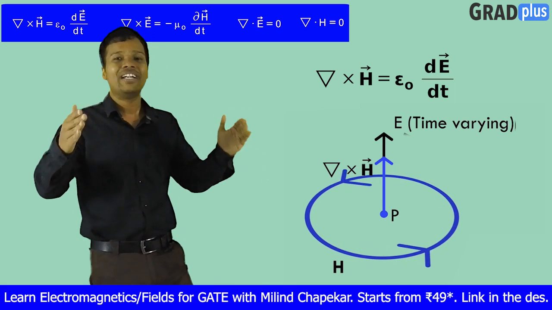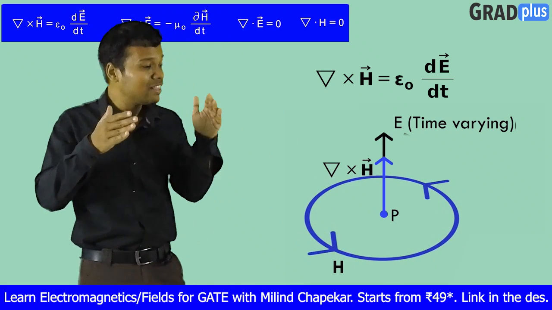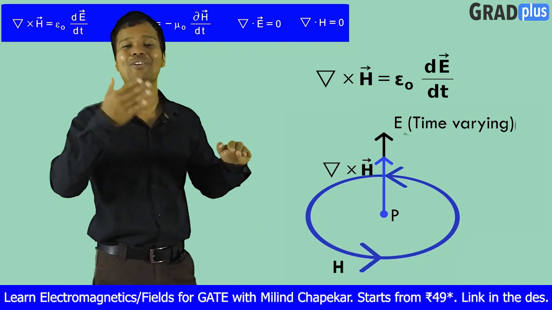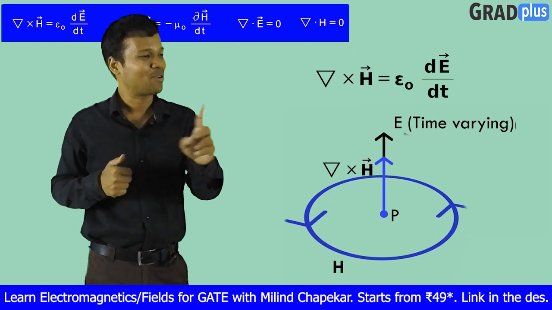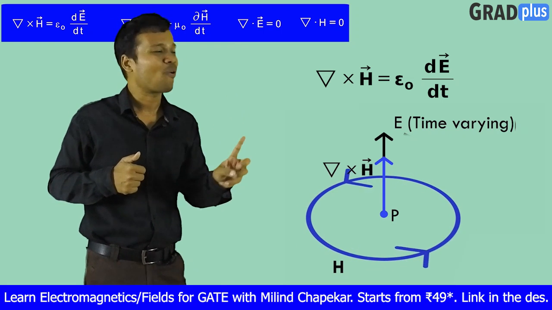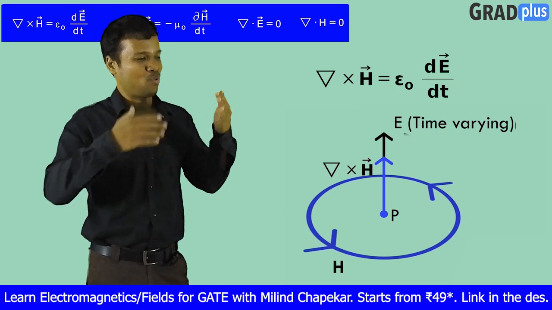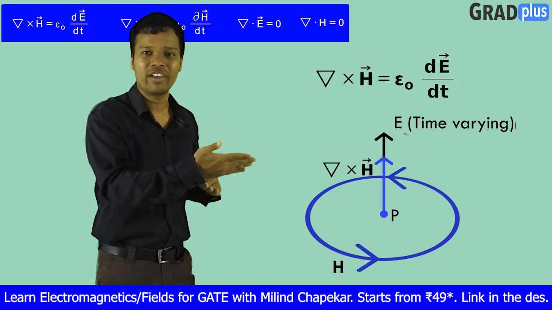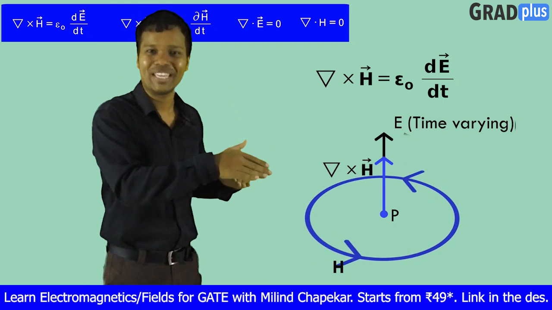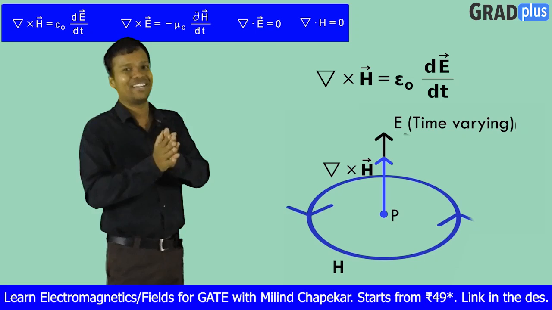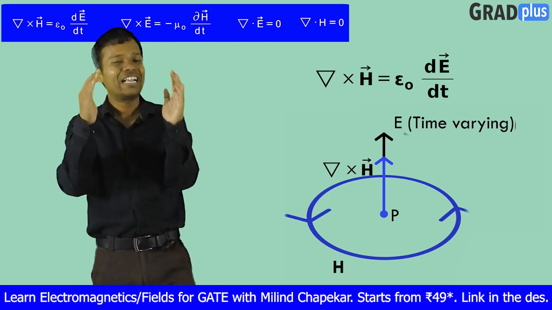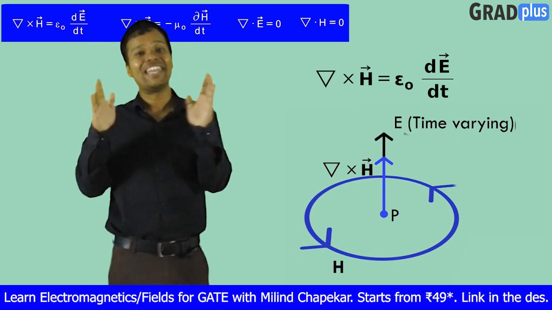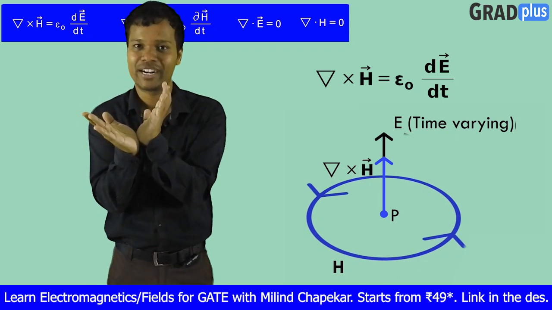The magnetic field H must lie in this plane, and this plane is also now perpendicular to E. Am I right? Because our del cross H was pointing along E. So this plane, the magnetic field H plane, it is perpendicular to curl of H. That means it is perpendicular to E. So this is how you can say that the magnetic field vector H and electric field vector E, they lie in a mutual perpendicular direction.